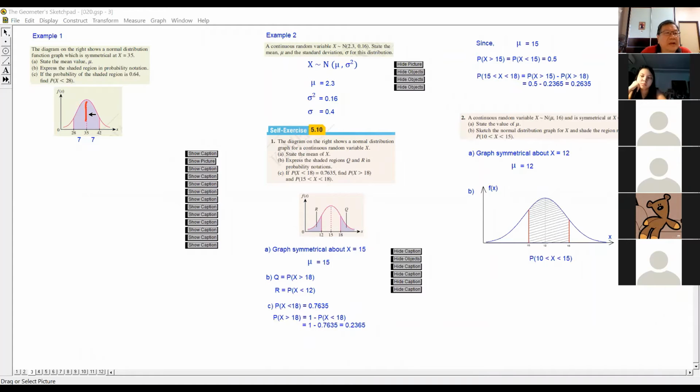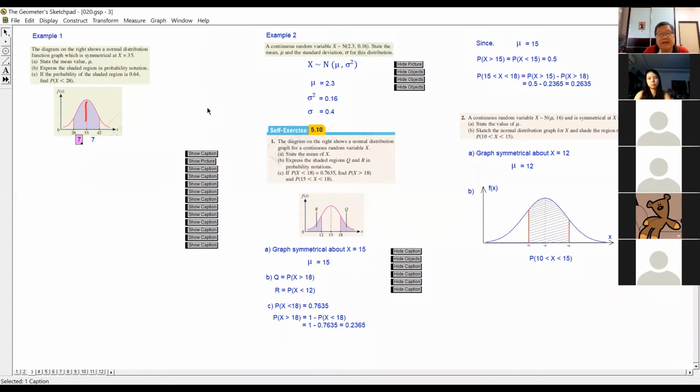Then you look at this graph, there are two other numbers. Other than 35, you have 42. Now between 42 and 35, the width is 7. Then you also look at 28 here. Between 35 and 28, the width is also 7.